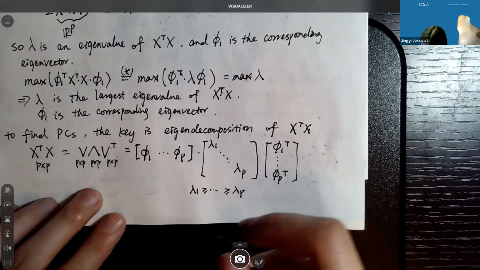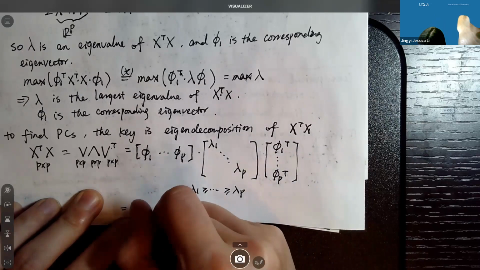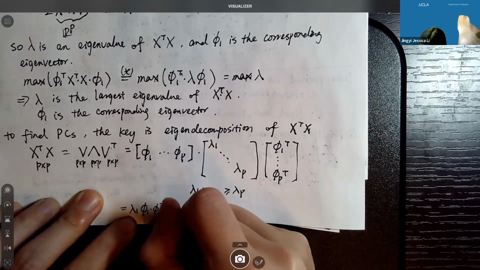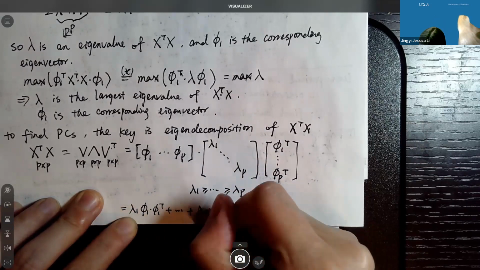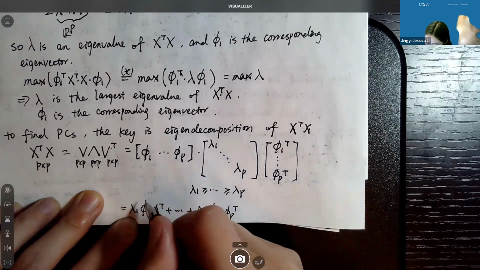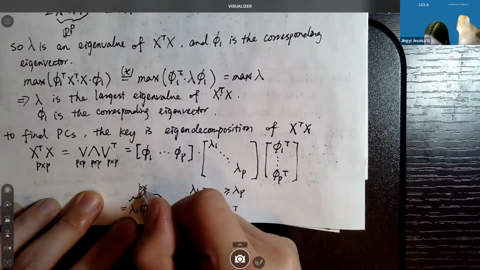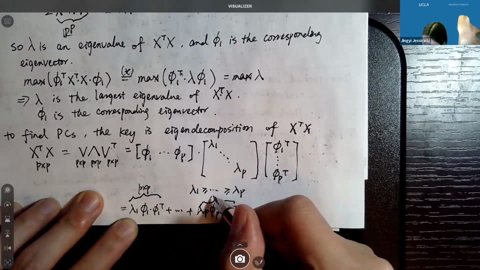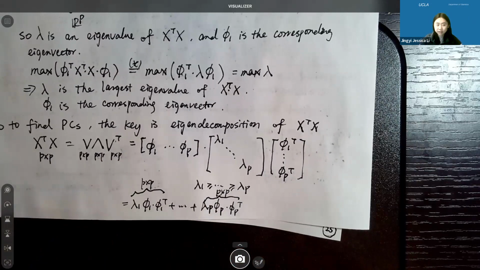So I can write this as lambda 1 phi 1 times phi 1 transpose, plus up to lambda p phi p times phi p transpose, and each is a P by P square matrix. This is an important way to look at X transpose X. We decompose it into P matrices, and each has rank 1, because each is the outer product of one column times one row.